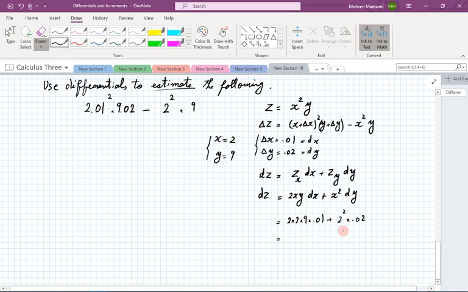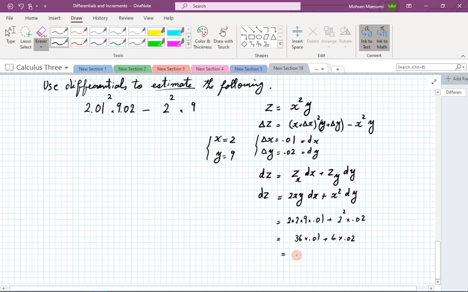estimate of this quantity. This is fine, but using the calculator and getting an answer out, you're typically going to be off in the last couple of digits. So you want to come here and perhaps simplify this by hand a little bit. This is 36 times 0.01, and then it's 4 times 0.02.